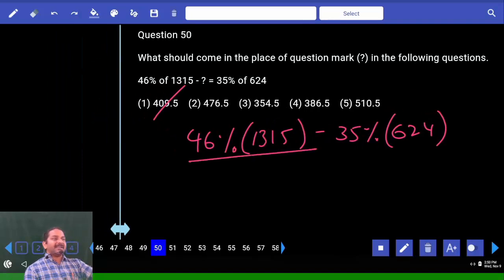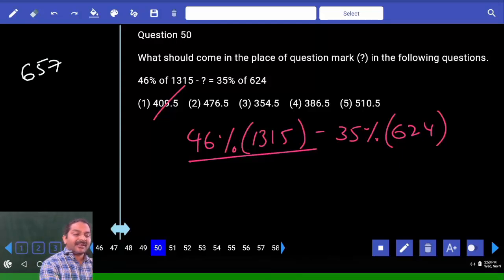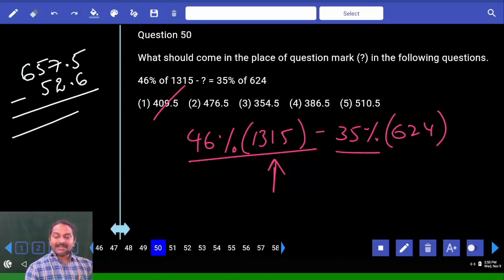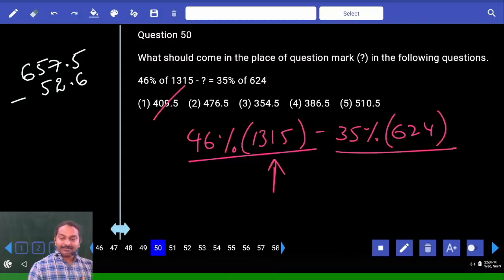46%. 50% minus 4%? 50% half. Come on. 6, 5, 7.5 minus 4%. What is 1%? 13.15. Double. 26.3. Double. 52.6. This number minus 35% of. 35%.